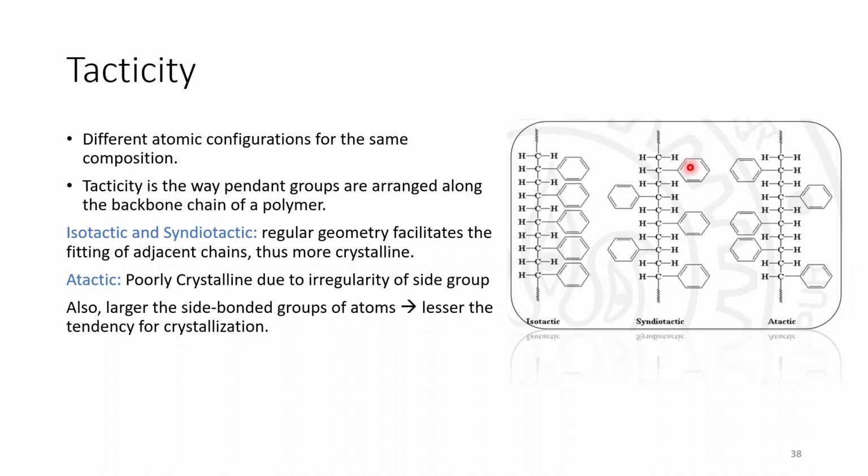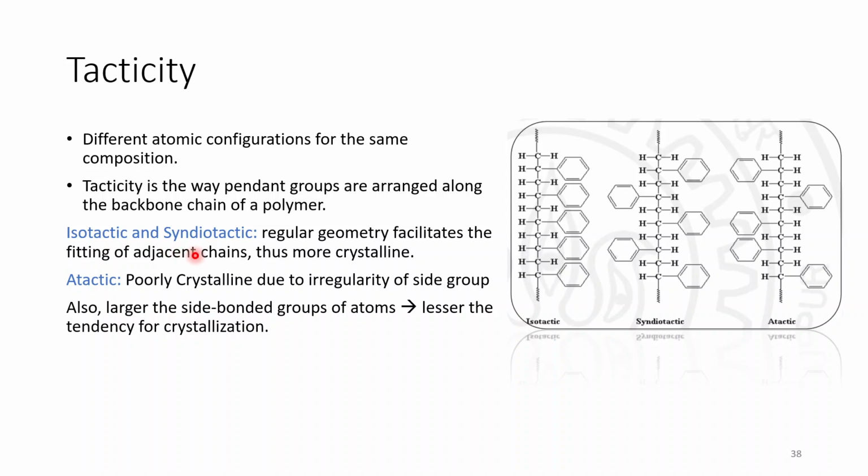Here you can see this chain is opposite to this previous one. So here you can see this is another structure compared to this one. So this also can make your properties different for these materials. So tacticity is the way dependent groups are arranged along the backbone chain of a polymer.